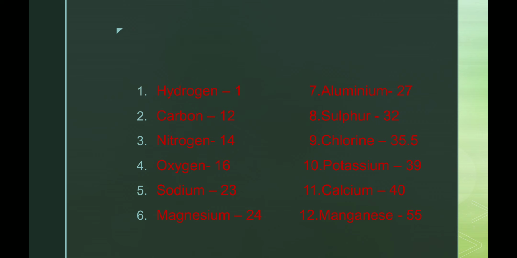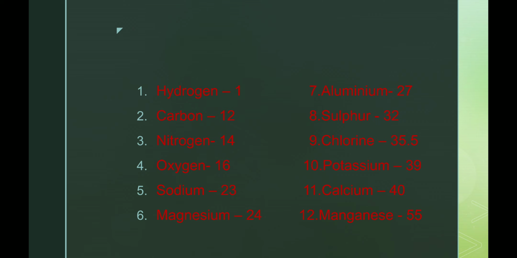Usually atomic mass of every element is measured in terms of AMU, which stands for atomic mass unit. Every measurement has got a unit.